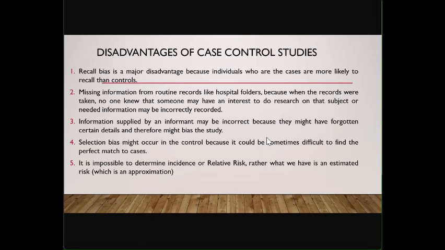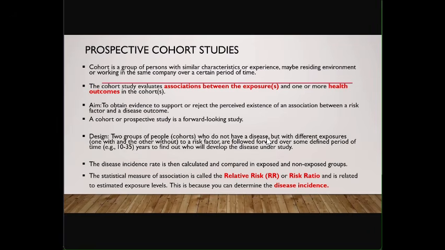So that can be difficult at times, to match people and get the correct match. Here, it is difficult to identify the relative risk or disease incidence because it's something that happened in the past, so we do estimation. All right, the next one is prospective studies.